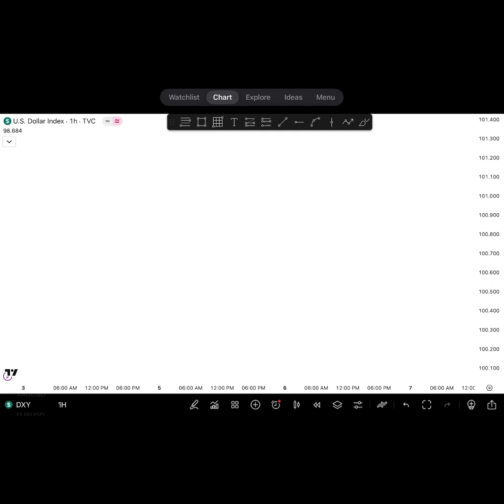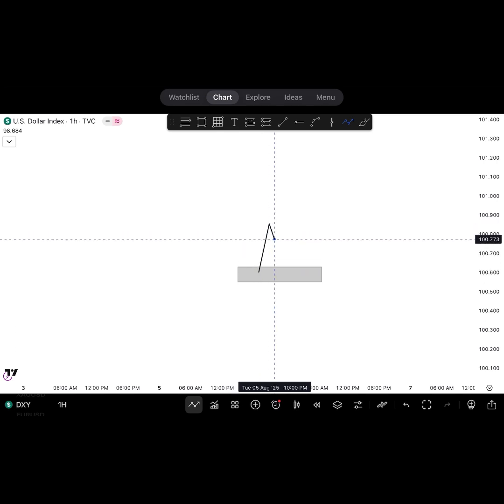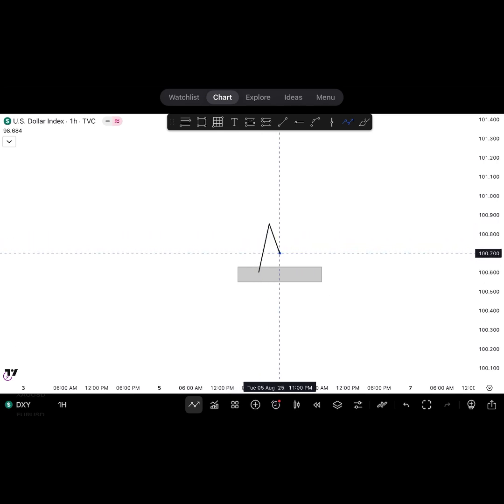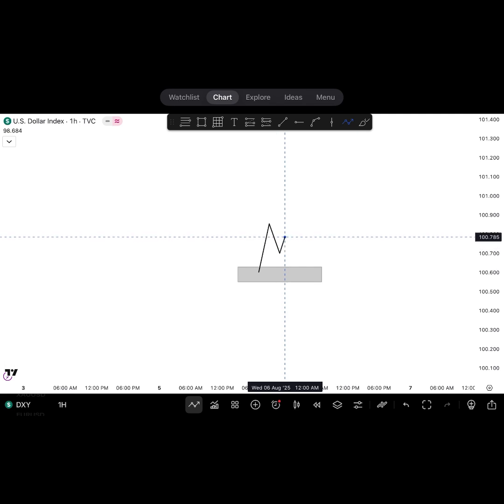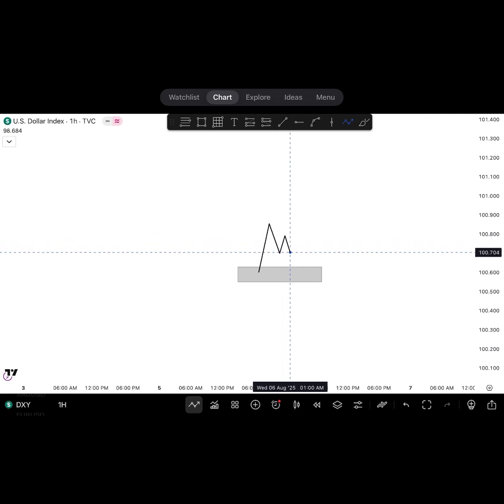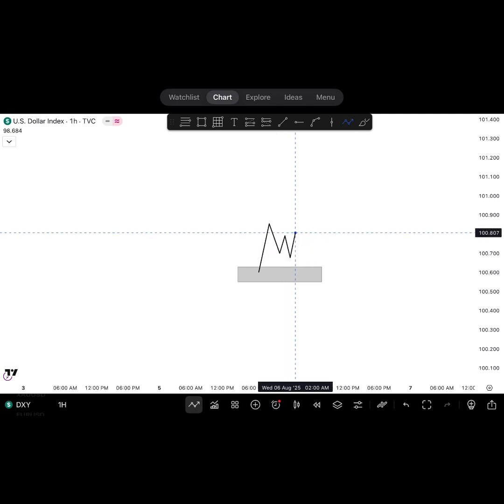Let me draw a quick schematic of what that might look like. So for instance, price is trading off a demand zone, right? Good. So once price reaches there, trading off it, price must sweep liquidity to the left before breaking structure.